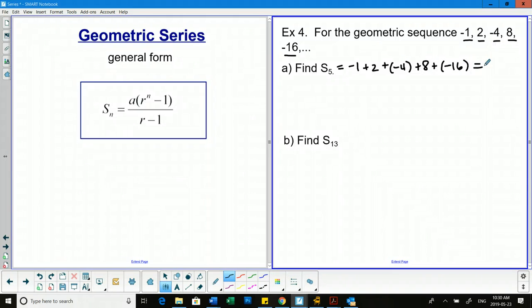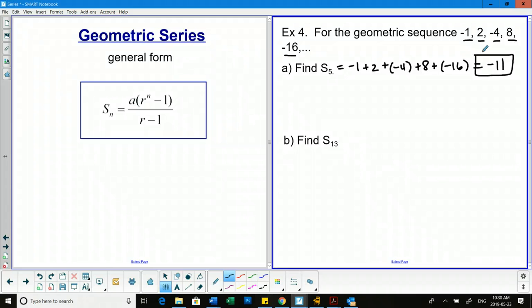And then we should get the sum of the first 5 terms. So negative 11, did I do that right? Yeah. Perfect.